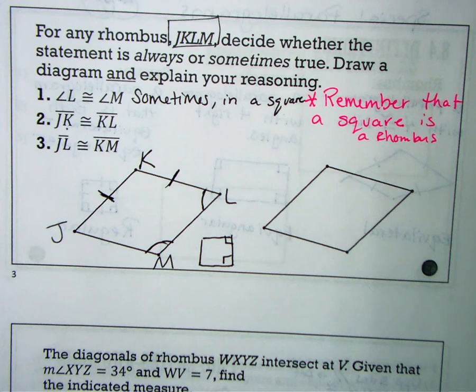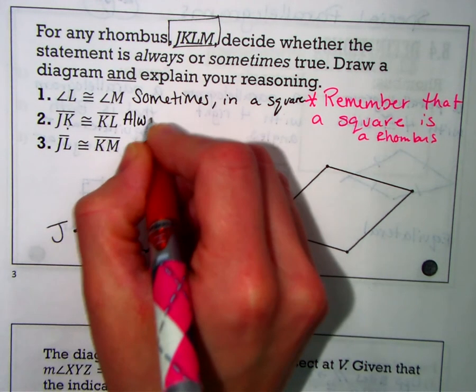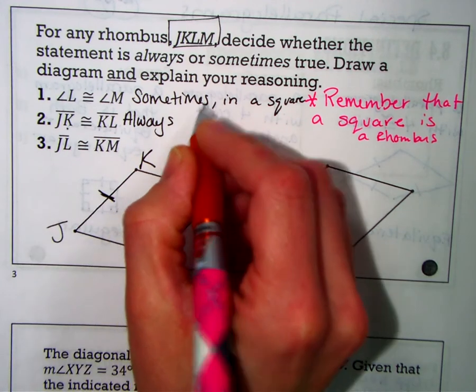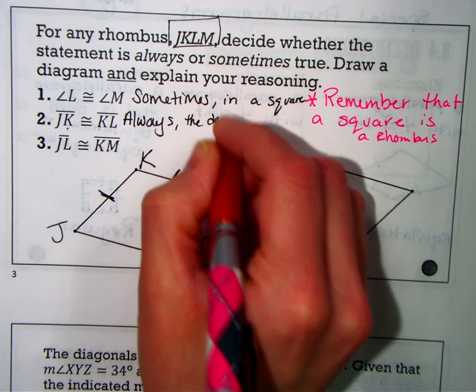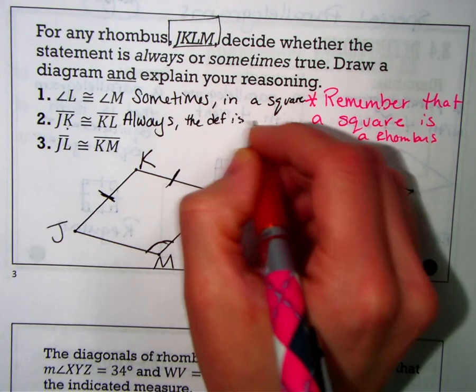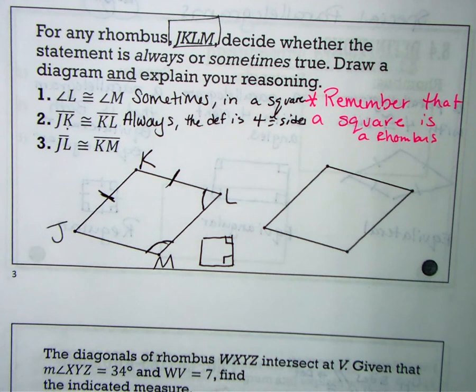What's the definition of a rhombus again? 4 congruent sides. So are the sides next to each other congruent? Always. That's the definition. Okay, so I put my explanation there is that the definition is 4 congruent sides. So the sides next to each other will always be congruent.